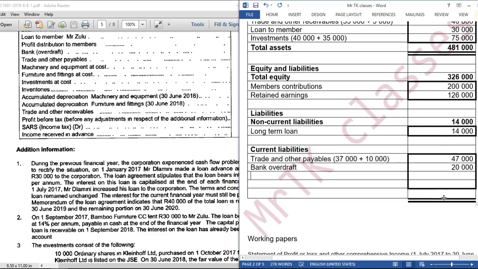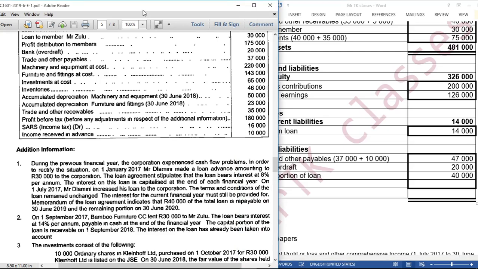This 40,000 is a current portion of loan. Do we still have anything else? Let us check. SARS income tax, 16,000.